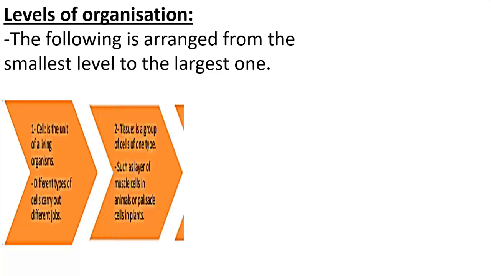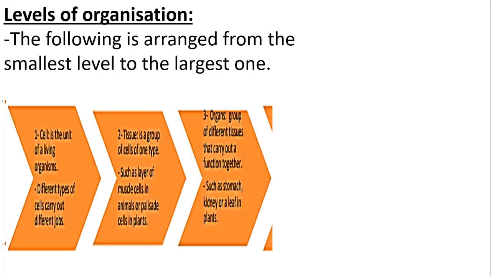And many cells of the same type make a tissue. So a tissue is a layer of cells or a group of similar cells that perform the same function and are of the same type, of course. The organ is made of many tissues put together. The tissues are of similar cells, but the organs are made of different tissues. But they all gather together to perform a specific function, such as the stomach.